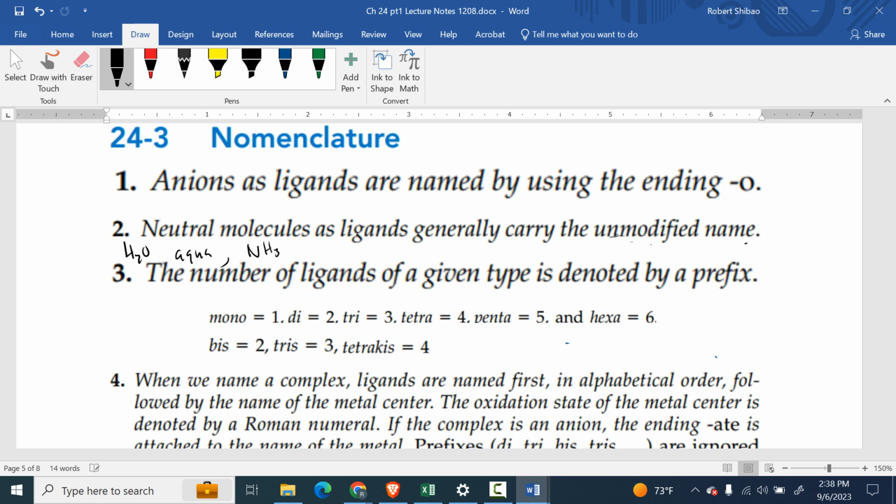Ammonia is called amine. Amine with 2 M's or 1 M? 2 M's. When you see amine with 2 M's, it means ammonia as a ligand. Carbon monoxide is not carbon monoxide, it's called carbonyl. And nitrogen monoxide used to be called nitrosyl.